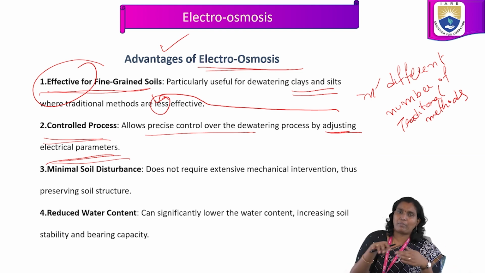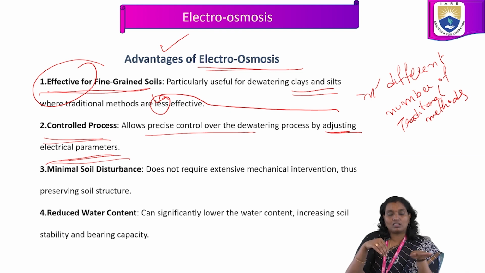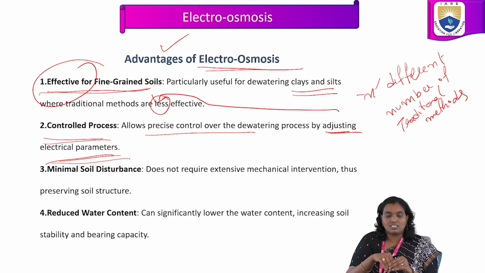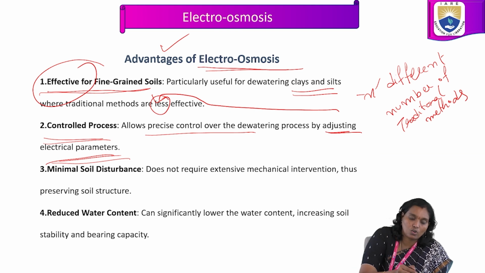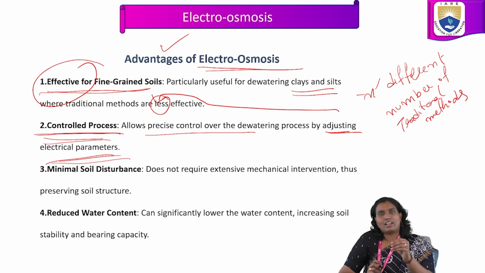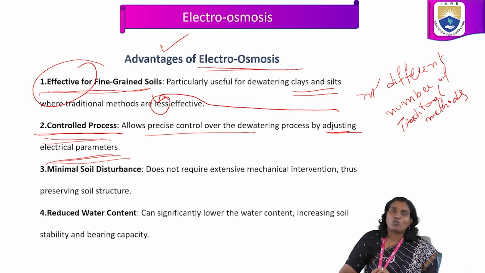All this is happening, and the overall control and adjustment of these parameters is very important. These adjustments come under this control process. This is one of the major advantages whenever we use electroosmosis for reducing the water content of the soil.